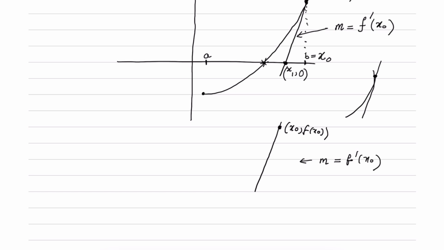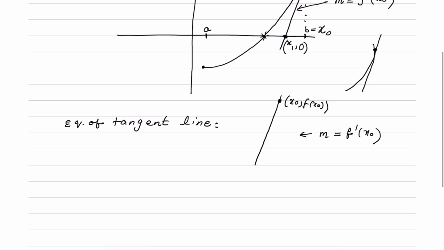Let's write the equation of this tangent line. And again, from the previous video, you will recall that the equation of the tangent line can be written using a point through which the line is passing. Here the point is x0, f of x0, and this line has the slope which is f dash x0.